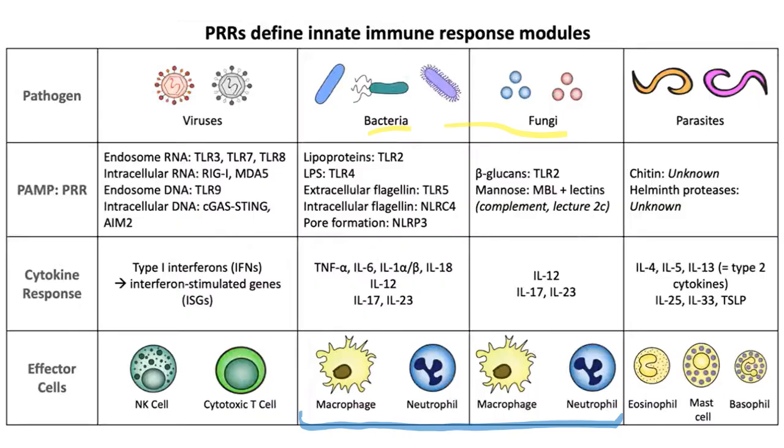So you should look here, what are the cytokines that are important, that are very inflammatory? Look at that. TNF alpha, interleukin 6, interleukin 1 alpha and beta, interleukin 18, right? That soup of cytokines is highly inflammatory. And 17 as well, so 17 is a common one for both of them. Okay.